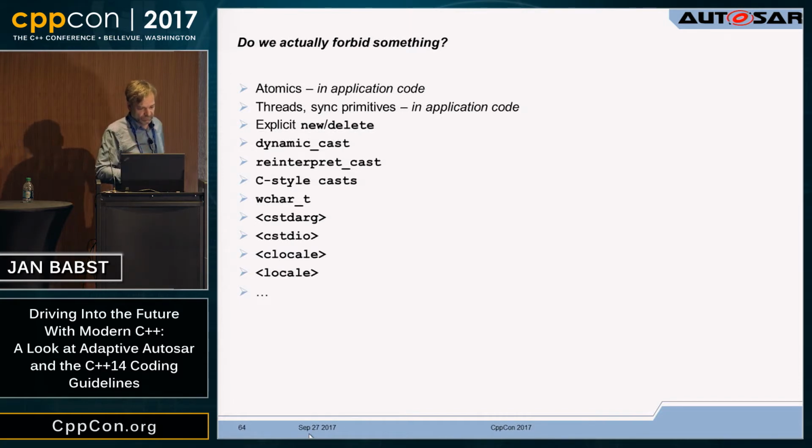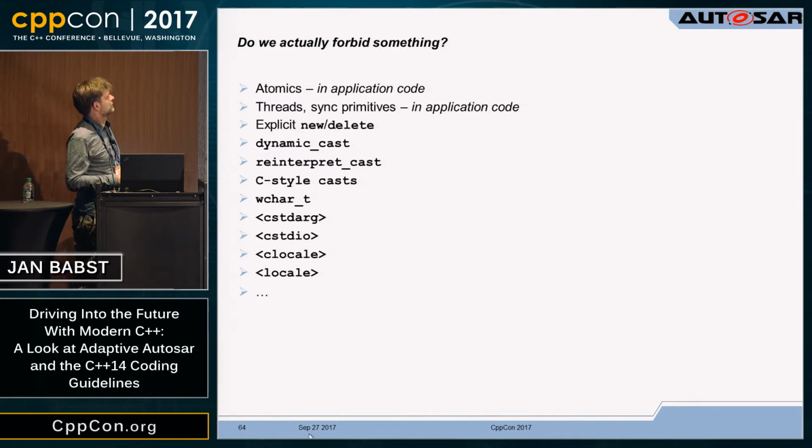Is there also stuff we forbid? There was a lot of stuff that we actually allow, in contrast to other guidelines it looks like we're very liberal, but there's also a lot of stuff we forbid. So we forbid atomics and threads and all these primitives from application code.